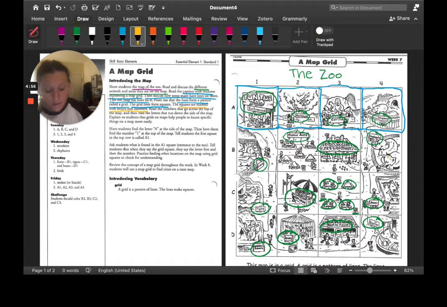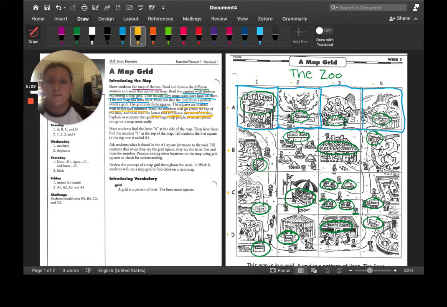And we see on the left-hand side, we have the letters A, B, C, and D. And we have the numbers 1, 2, 3, and 4. All right, so we just read the numbers that go across the top of the map and the letters that run down the side of the map.